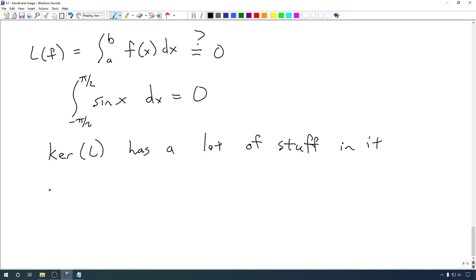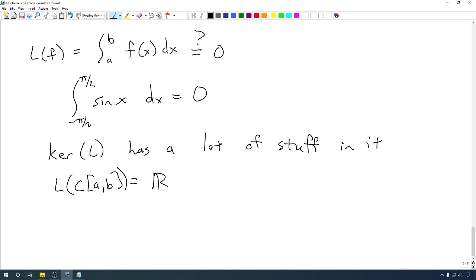The image, the range of this function, is in fact a lot simpler. We're asking what possible results can we get from doing an integration of a function on the interval from a to b? Well, whatever result we get, we can always multiply that result by a number.